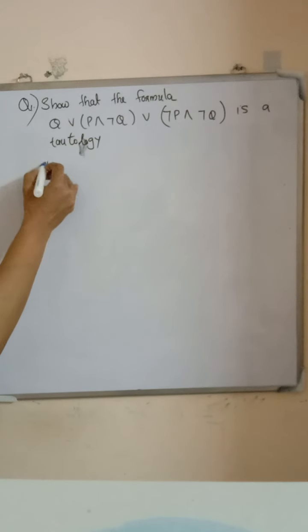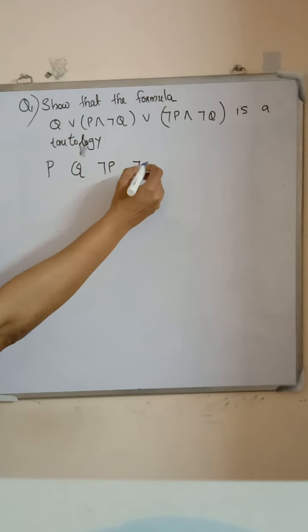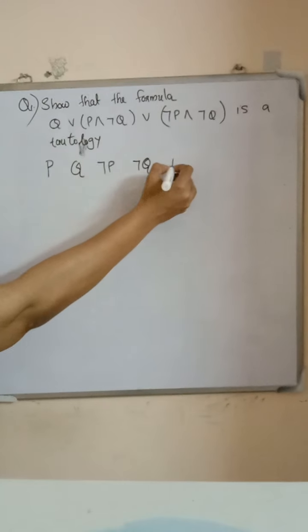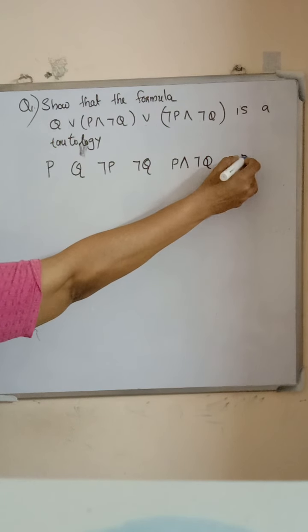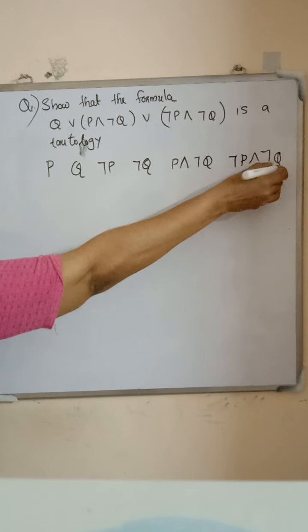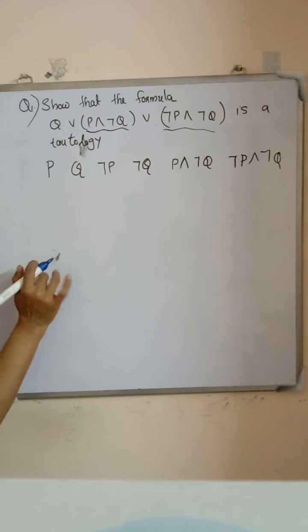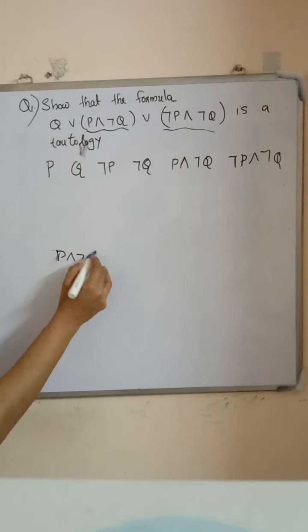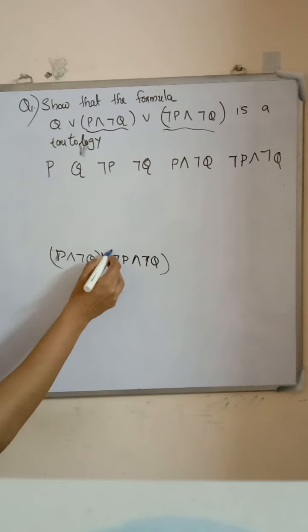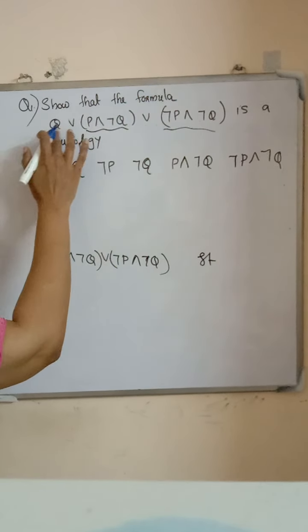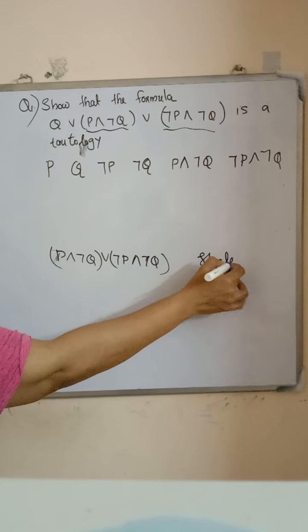We make the truth table with the first column P, second column Q, third column negation P, fourth column negation Q, fifth column P and negation Q, and the sixth column negation P and negation Q. Then we write the given statement.